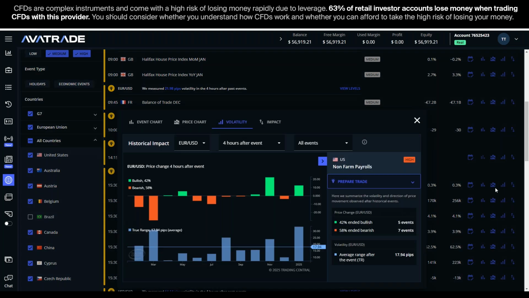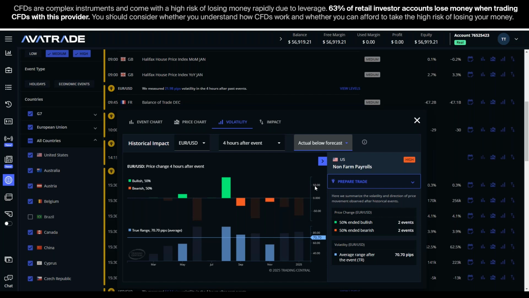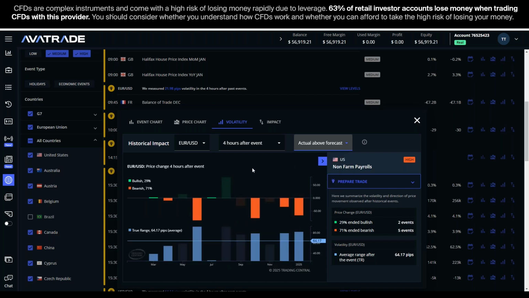Let's take a look what has happened in the past. Okay, if the numbers come in even lower than that, okay, lower than the predicted drop, below forecast, not good predictability, 50-50 when the numbers come in worse than expected. What if they come in above forecast? High predictability from the past movements.